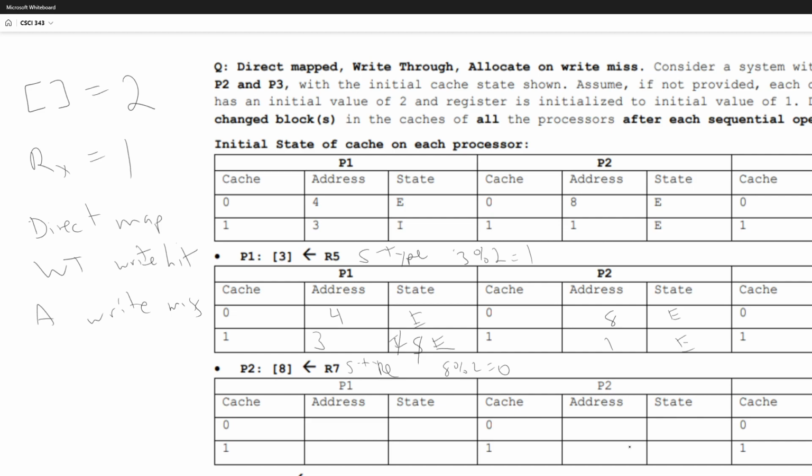So when the other processors snoop, nothing's gonna happen, right? Okay, well, it has it and it's a write hit, but it's a write through policy. So update the cache and update the main memory. So address 8 stays the same. It stays as exclusive. I think nothing else gets changed, so that's fine.